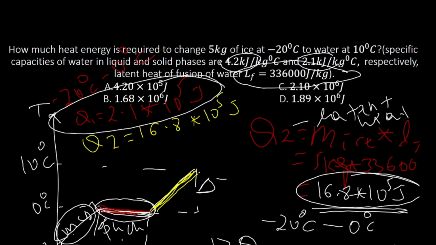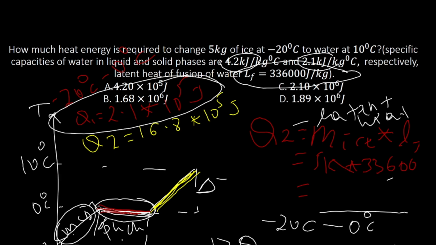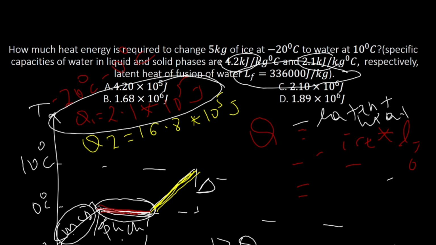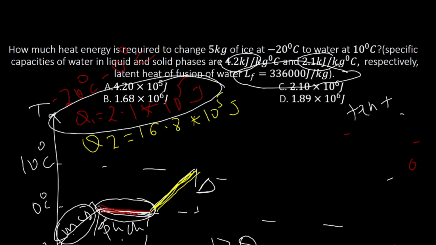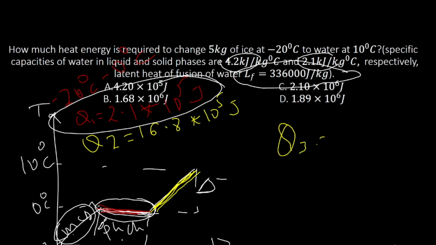To how much? To 10 degrees centigrade finally. Let's do that also. Here the temperature of the body changes from 0 degrees centigrade to 10 degrees centigrade. So Q3 is the mass of the water, which is still 5 kilogram because mass is conserved, times the specific heat capacity of liquid water times the change in temperature.